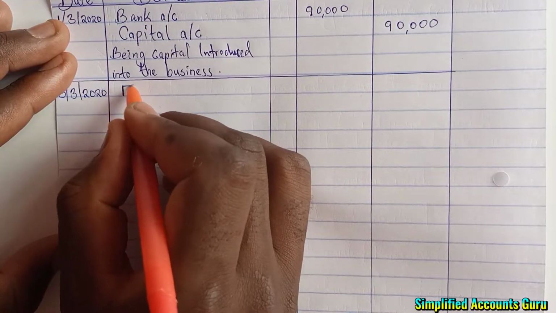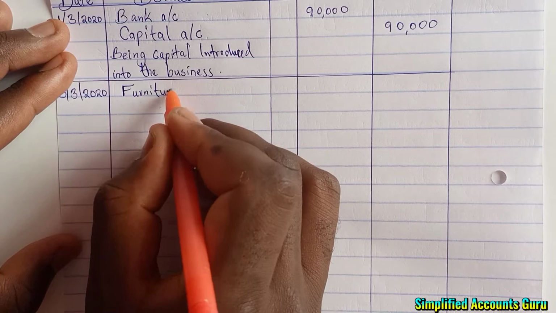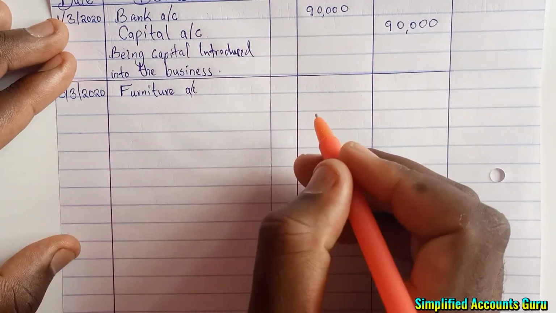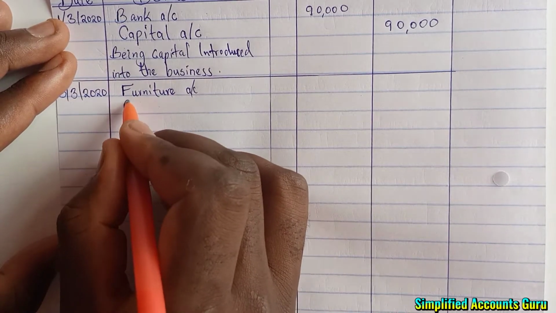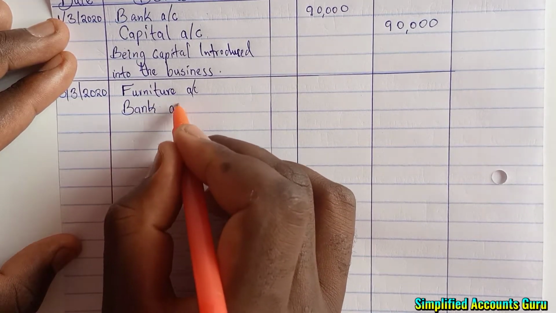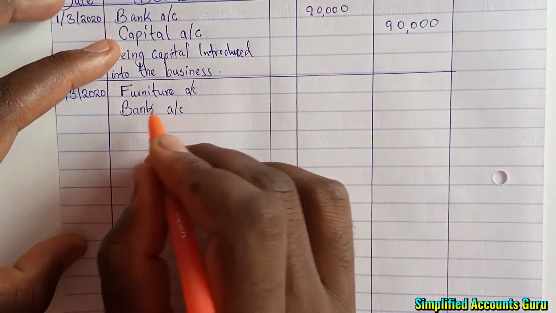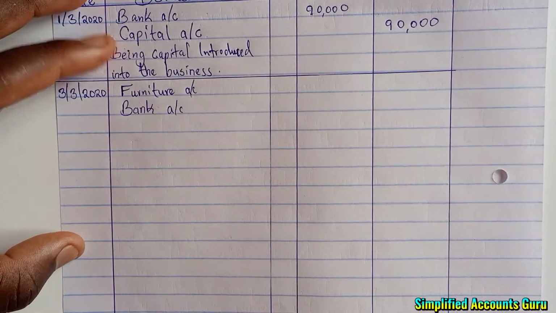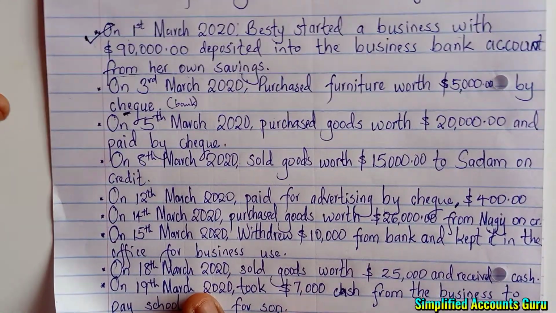So you'll just write here the furniture account, and then we have the other one called the bank account. So the furniture has increased by how much? By $5,000, as you can see here.